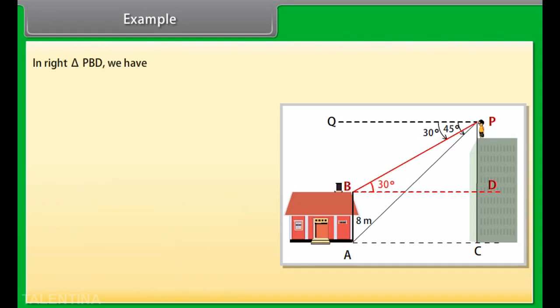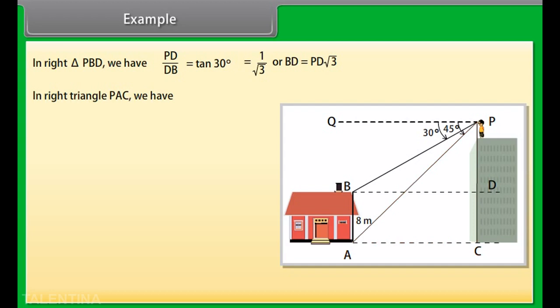In the right triangle PBD, we have PD upon DB equals tan 30 degree, which is equal to 1 upon square root 3, or BD is equal to PD square root 3. In right triangle PAC, we have PC upon AC equals tan 45 degree is equal to 1.